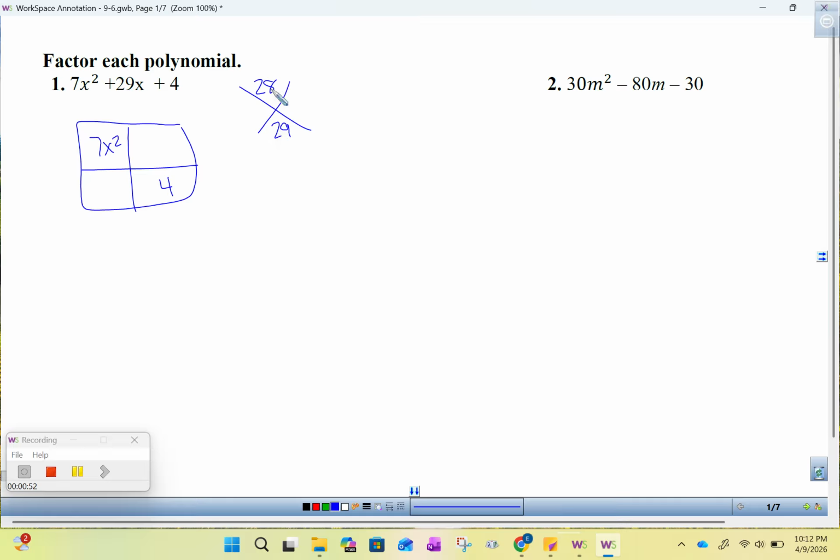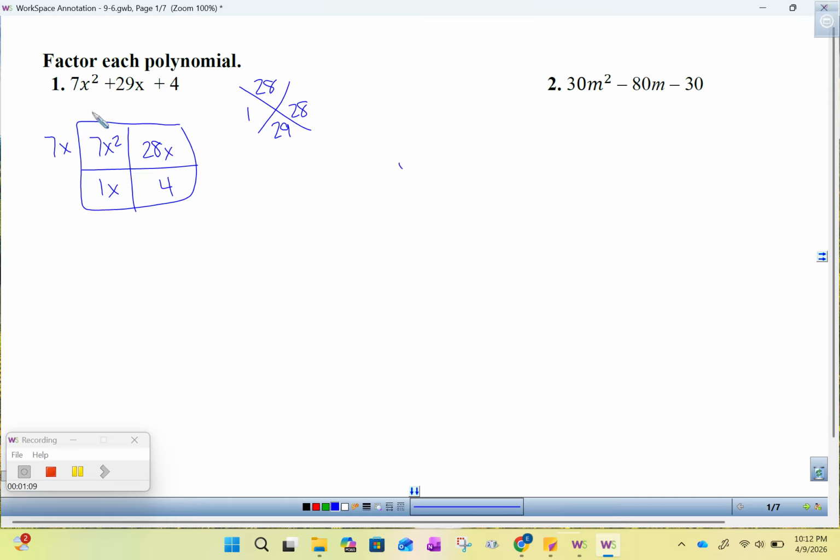Now, since this number is bigger, hopefully we can recognize that this is the 1 times 28. So I'm going to put 28x here and 1x here. For this first row, the GCF is 7x.